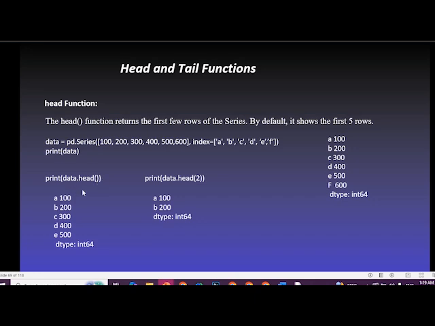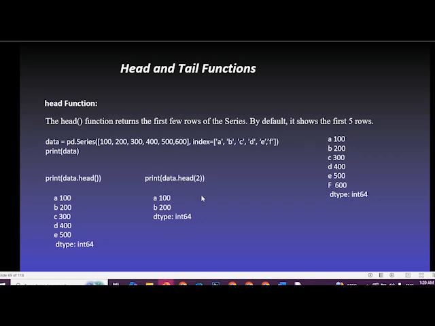What will happen? The first 5 values from the series will be returned in the form of a series. Which are the first 5 values? 100, 200, 300, 400 and 500. So along with the index, that will be returned. Now suppose I am passing a number here. Inside the head function, I am passing 2 as the argument. So the first 2 will be returned.